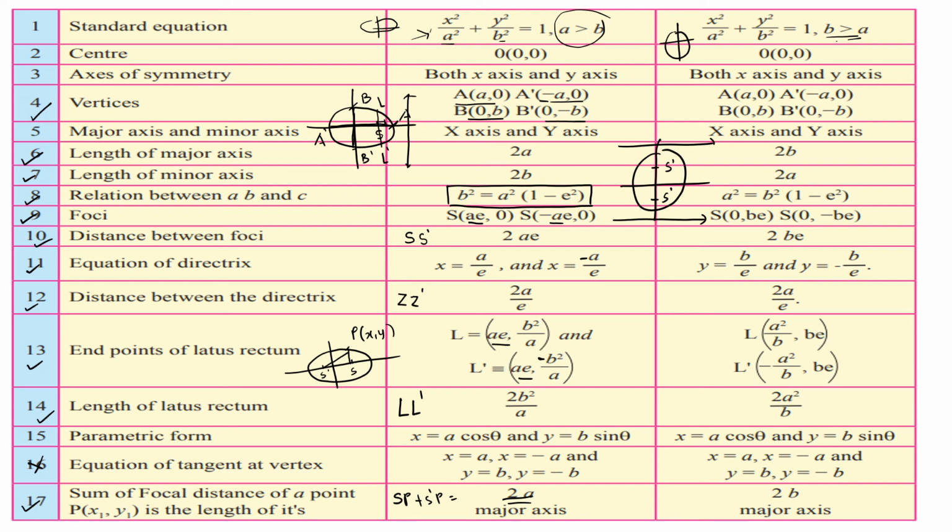So accordingly, the equations will change. Okay. You will try first. If you don't get it, you will ask me. You have to remember this entire table to make your sums easier. In the next class, we'll be solving sums based on these formulas. The most important formula here is b square is equal to a square 1 minus e square. Okay.